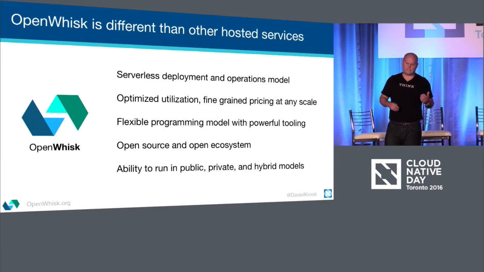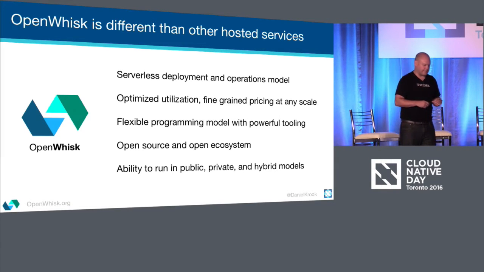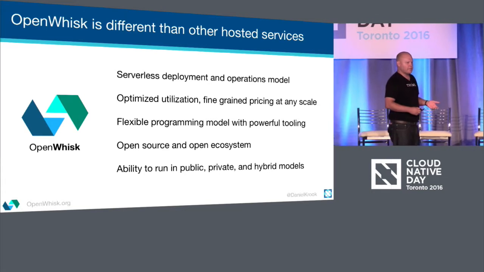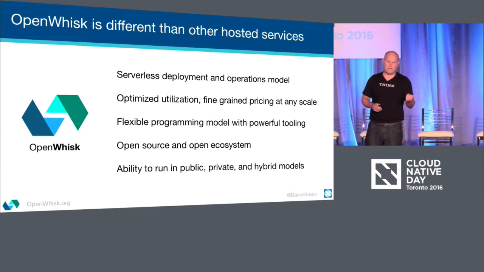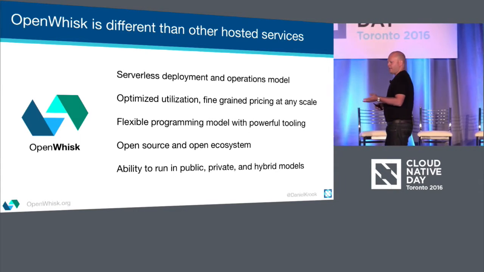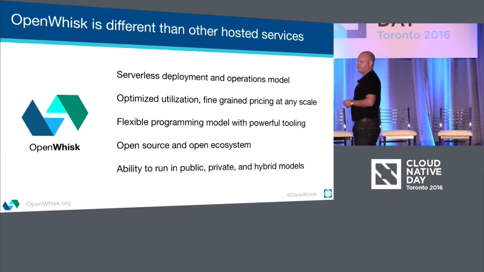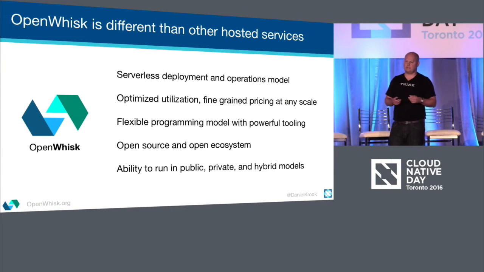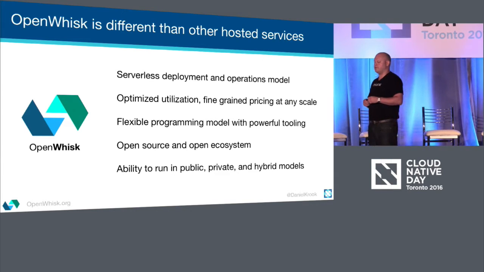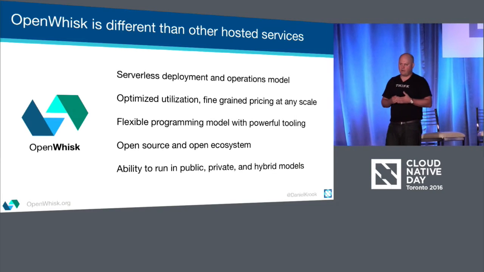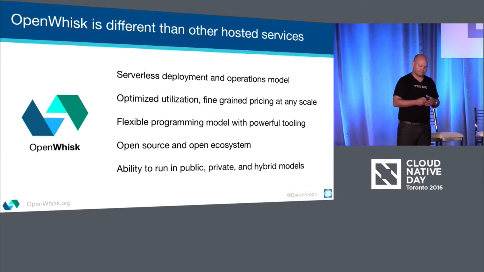How OpenWhisk is different is that it's naturally built as an open source project to be polyglot. So it's got built-in support for not only JavaScript, but Java, Python, and the Swift programming language. But it's built in such a way that it can be extensible, which I'll get to in a few other slides. And of course, it's open source with an open ecosystem of partners getting involved.